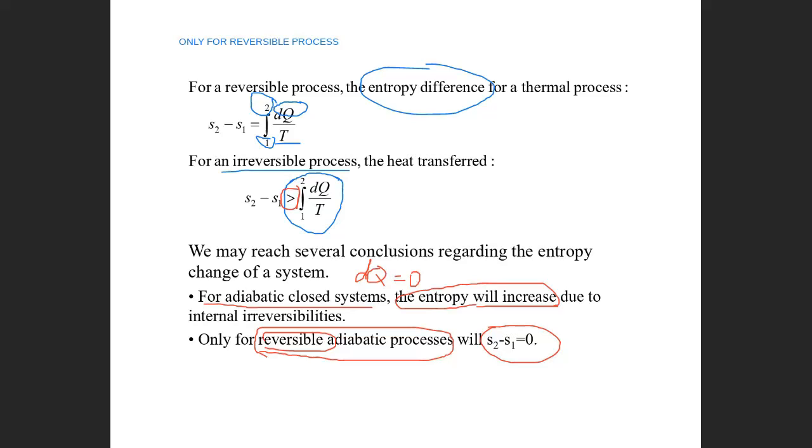This is very important to understand because this is for any process. For a reversible process, we can use this equation to calculate the entropy. Entropy is related to heat flow. If it's adiabatic, the heat flow is 0, so the entropy will definitely increase if irreversible. If it's reversible, the change of entropy will be 0.